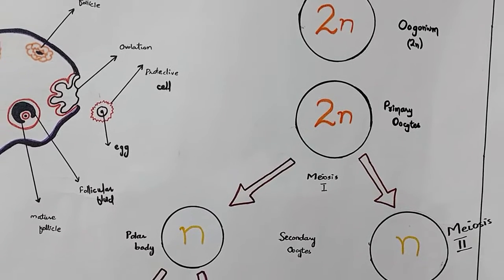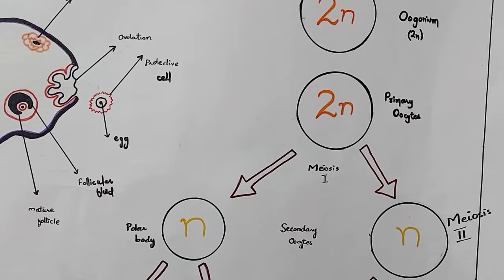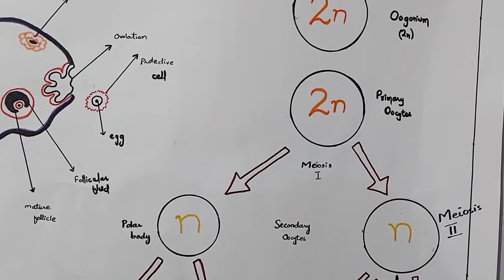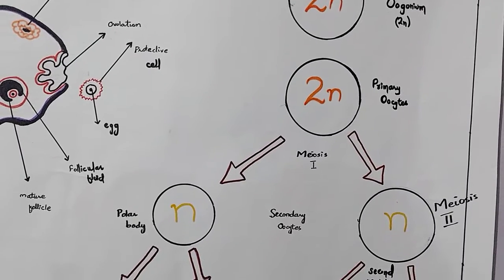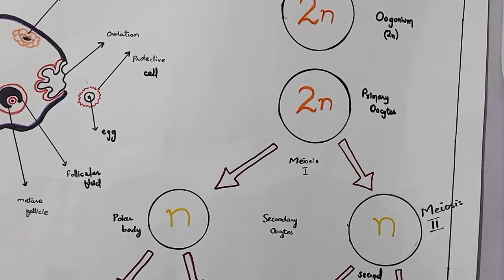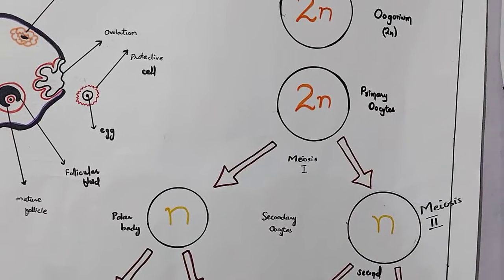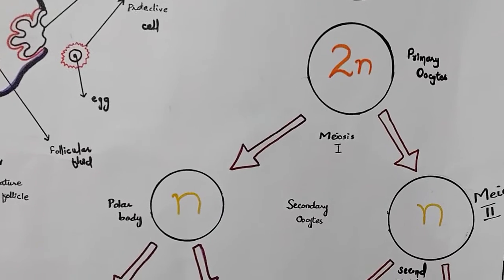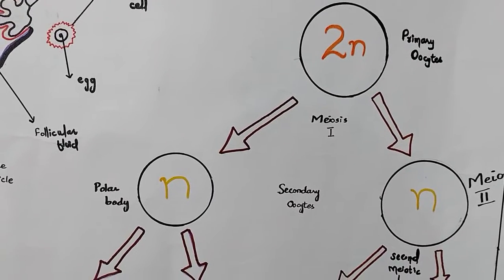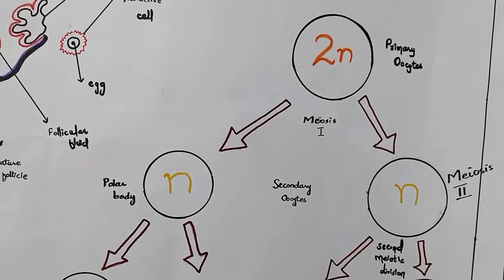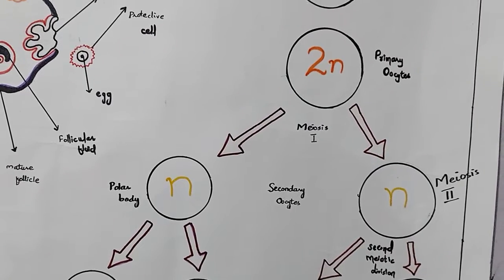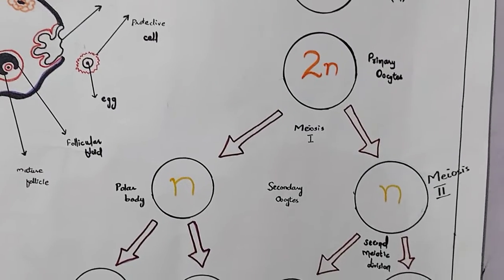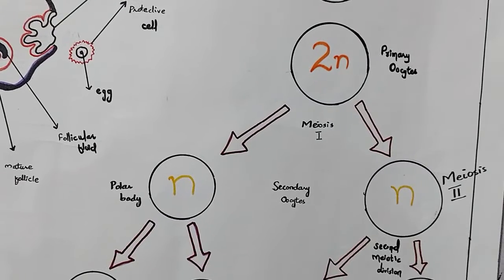Then this oogonia matures and forms the primary oocyte. Means oogonia after growth and development become the primary oocyte. Now this primary oocyte undergoes the first meiotic division, and you know meiosis is responsible for gamete formation, and oogenesis and spermatogenesis are both gametogenesis.